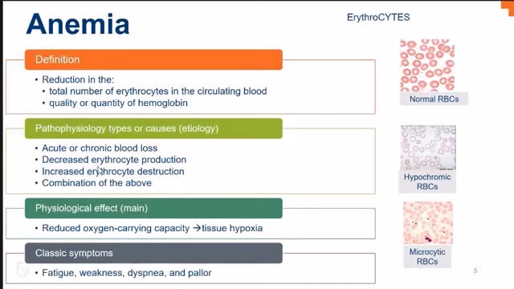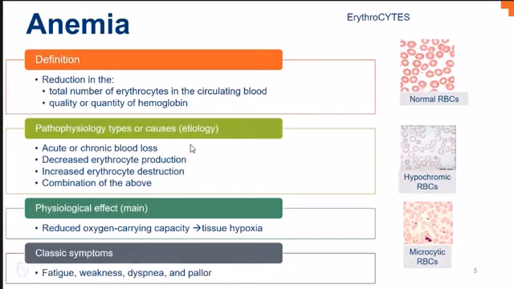So if all of a sudden we have a reduction in the production of erythrocytes, but we're still destroying the same amount, we're going to end up with less red blood cells circulating within our system. Similarly, if we have an increase in the rate of erythrocyte destruction and we're not producing any more to balance that out, it can lead to anemia.